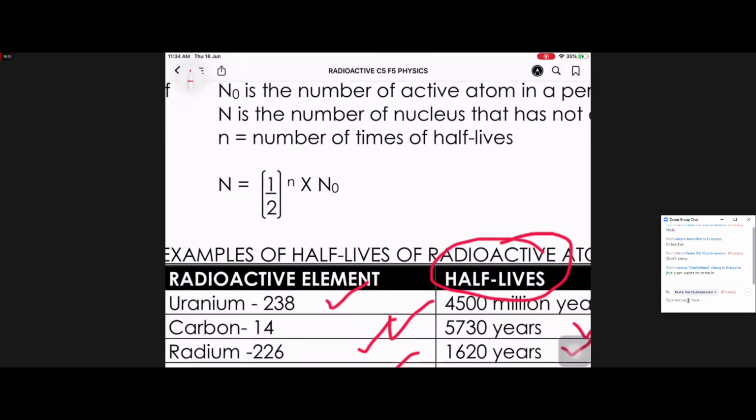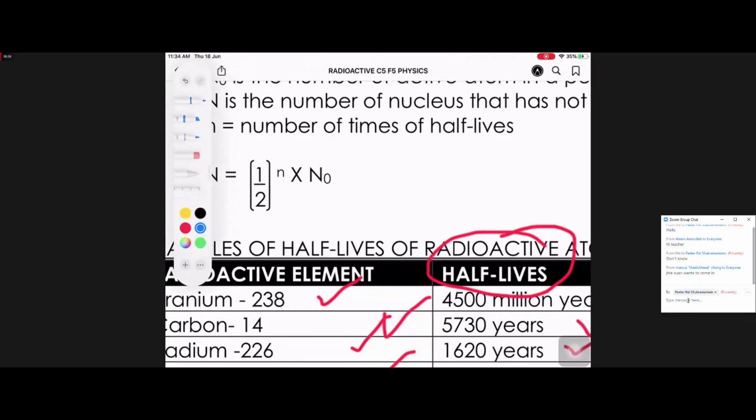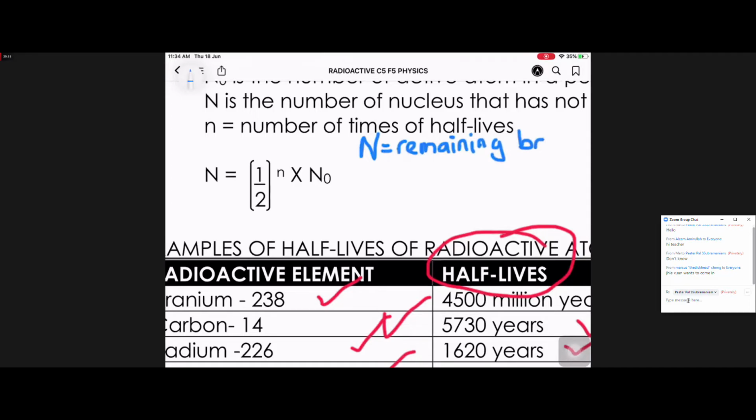Okay, what does this mean? What is the idea of this? The capital N is the remaining balance, the amount of balance remaining. The small n is the number of times the half-life occurred.